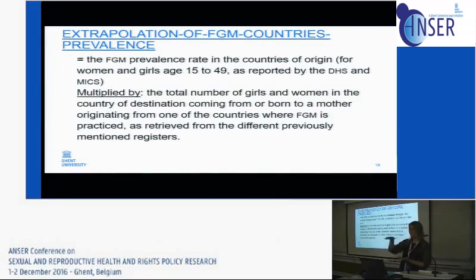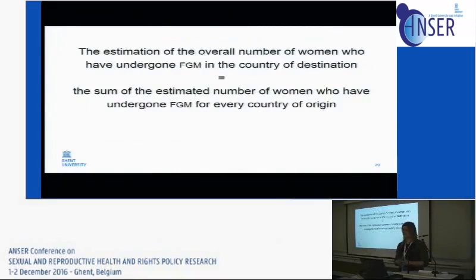They look at how many women and girls we have in our country who have migrated from there, and then they multiply this by the percentage of the women who have been affected in the home country. And then they sum up all the different nationalities and they come to one prevalence number.